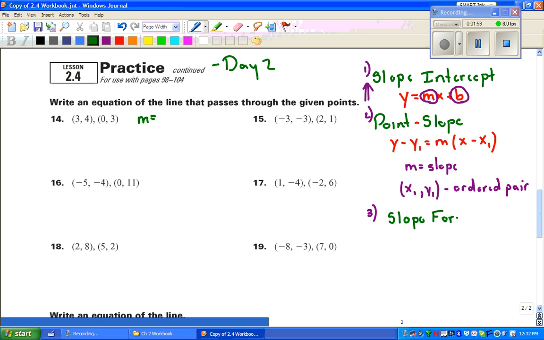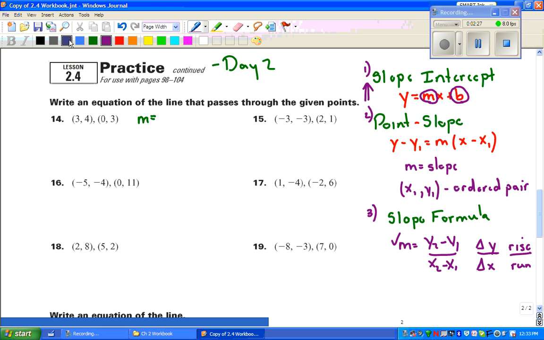We know that the slope formula is m equals y2 minus y1 over x2 minus x1. It's really the change in y over the change in x, or rise over run. This is the formula we're going to use to find our slope first.